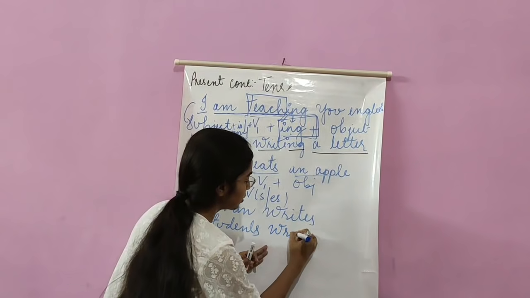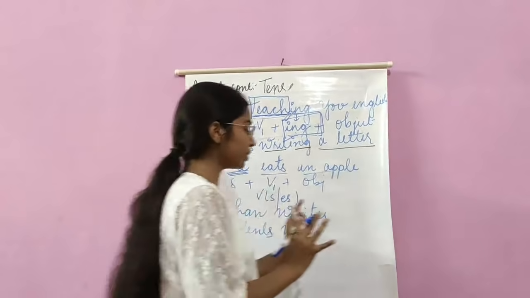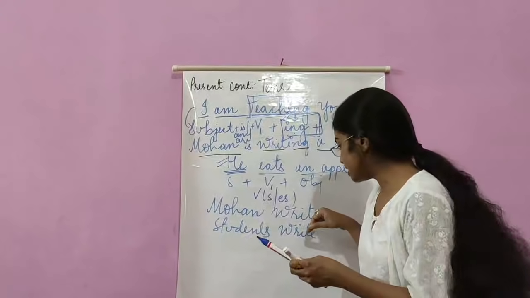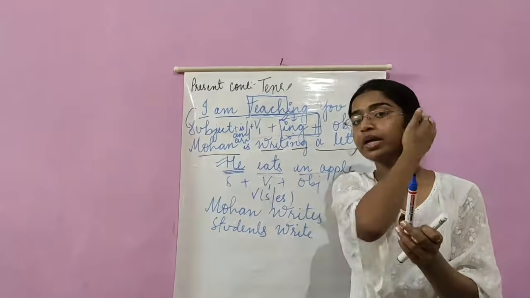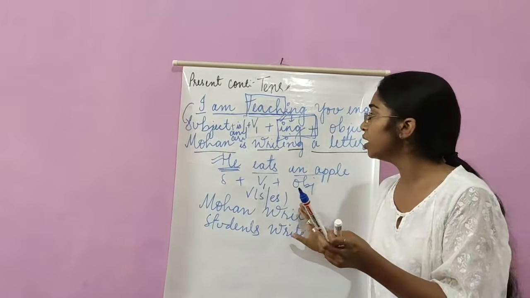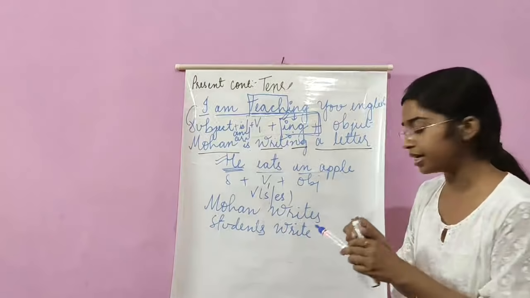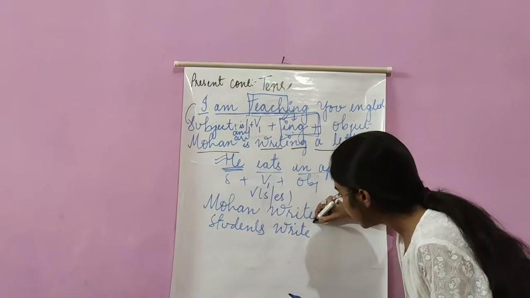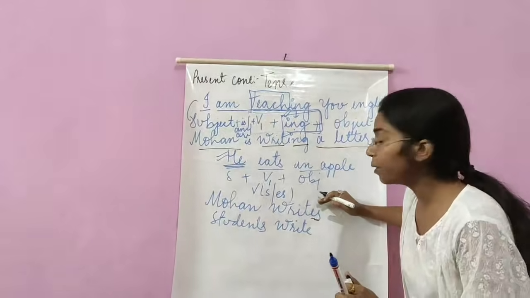I'll just write: students write, Mohan writes. The simple concept is, if you add s or es, this is just a shortcut to be told to you. It has got no logic or rule. It is nowhere included in the rule book of grammar. It's just that you can understand it. The moment you add s or es with the verb, it becomes what?